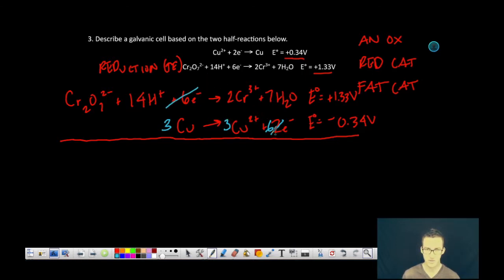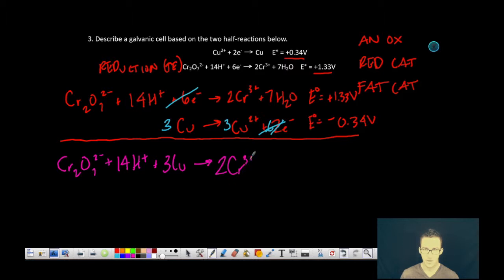Our electrons will now drop out of this combined redox reaction. We're going to end up with Cr2O7 2 minus plus 14 H plus plus 3 Cu on our reactant side, and then we're going to get 2 Cr3 plus, 7 waters, plus 3 Cu2 plus ions.